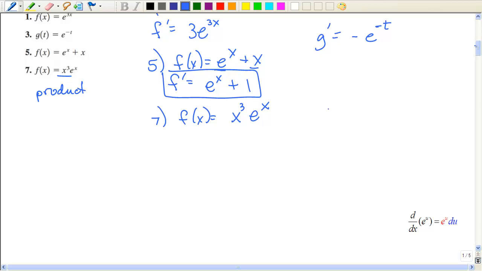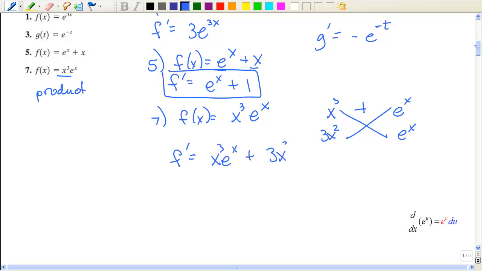We write the two functions like this, and then take the derivative, so that'd be 3x squared, and the derivative of e to the x is just e to the x. Remember, we multiply and add those, and so the derivative is going to be x cubed e to the x plus 3x squared e to the x.